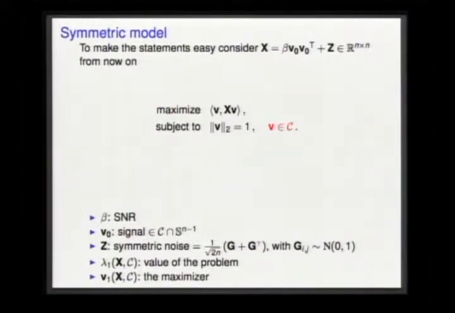And we have this normalization factor here, which is going to be quite important to see the right balance between the signal-to-noise ratio and the dimensionality of the data. We call lambda 1 of (X, C) the value of this problem, and v1 of (X, C) the maximizer.